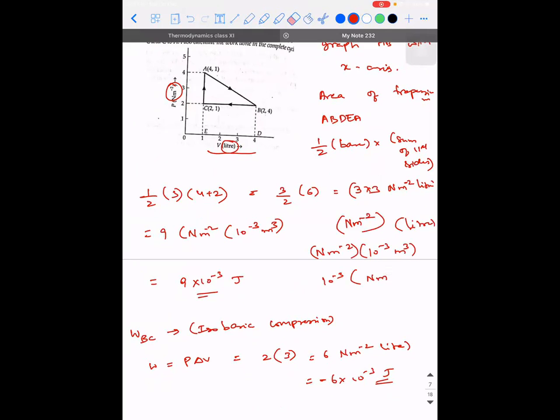So Newton meter is nothing but joule. That's what I wrote here. Okay, thank you, sir. Clear? So this is how you calculate the work done.